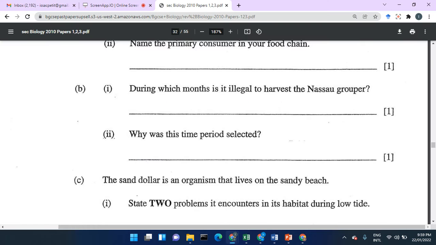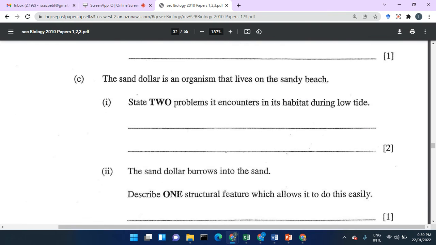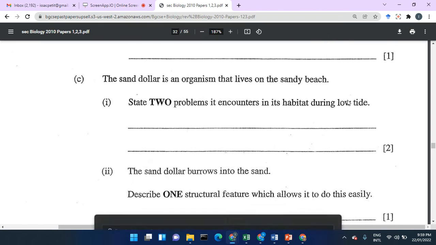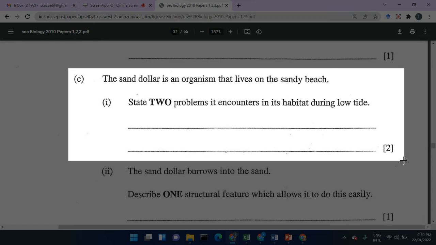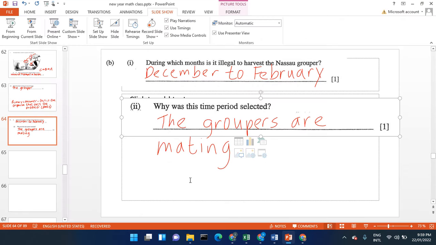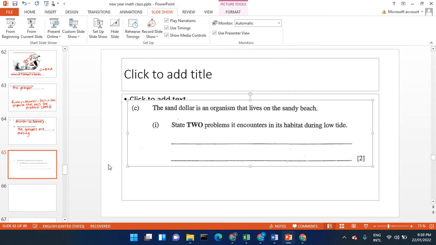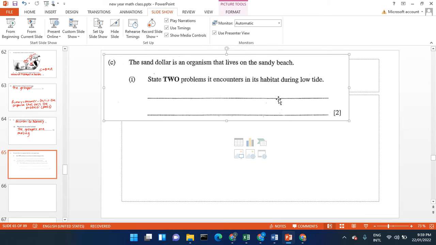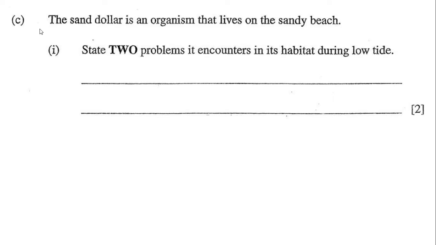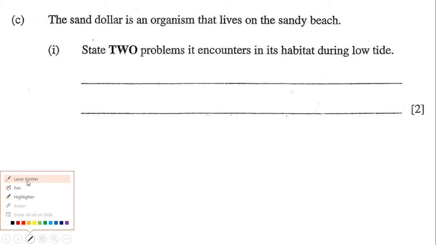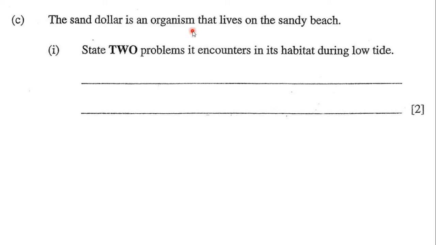Okay, so moving right along. The sand dollar is an organism that lives on the sandy beach.